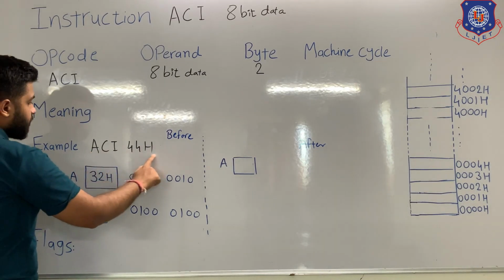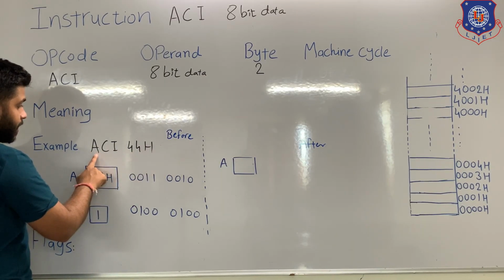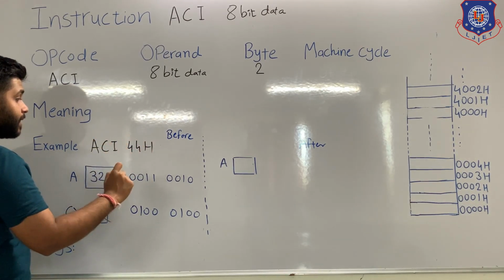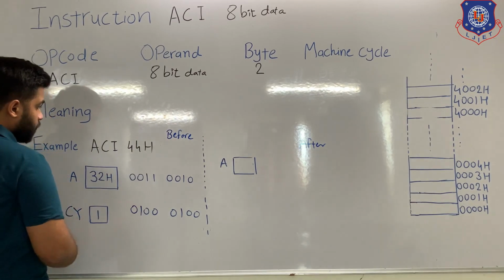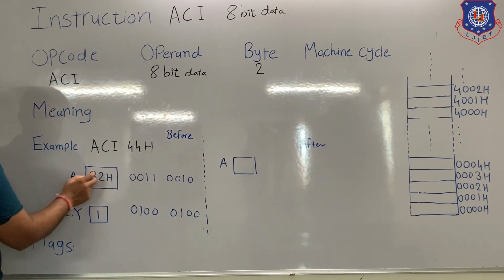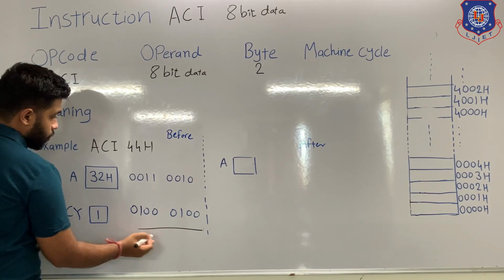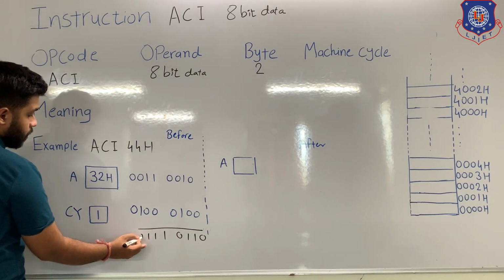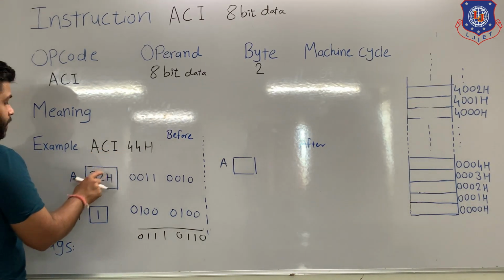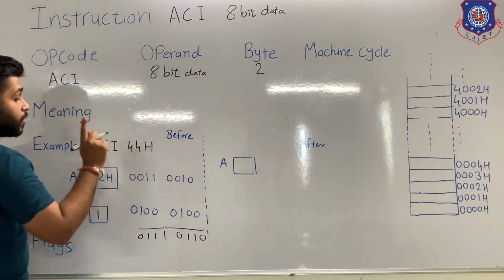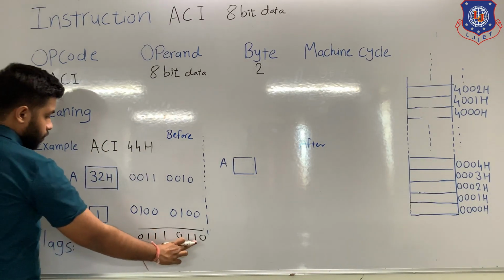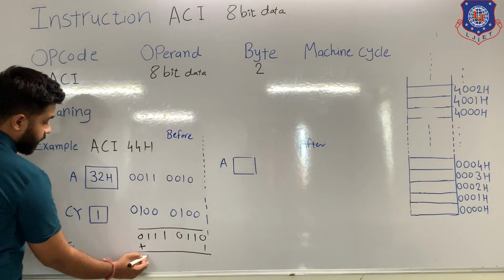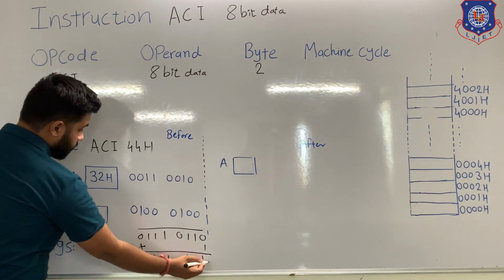Now when this instruction is executed, ACI 44H, it means add content of accumulator with 44H with carry, and the answer will be stored in the accumulator. So let's add the content of accumulator and 44H. So 0 1 1 0 1 1 1 0. Now the carry will be added to this answer, and we will get 0 1 1 0 1 1 1 1.